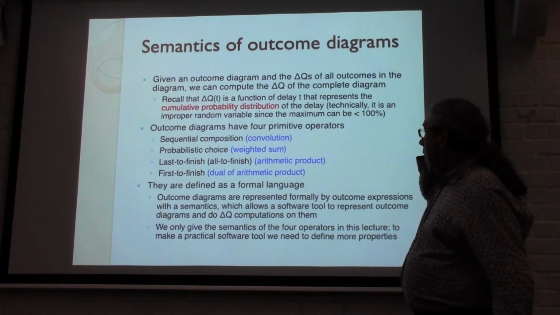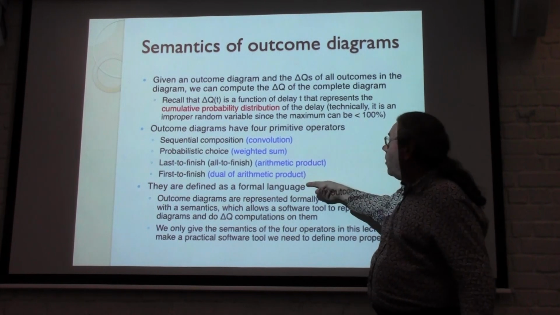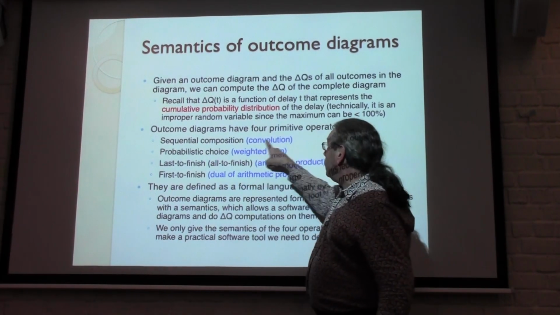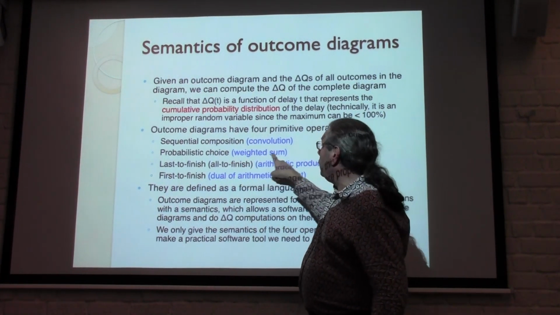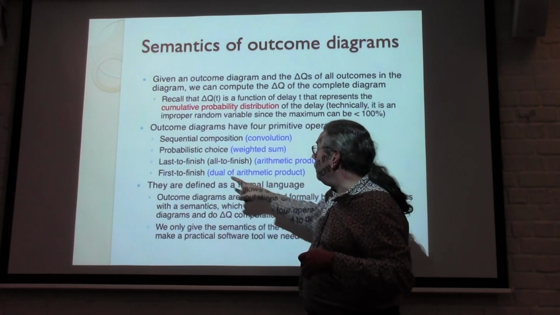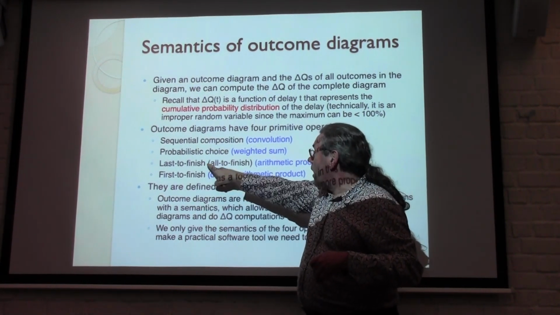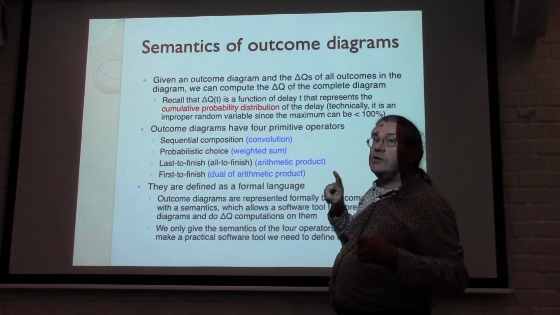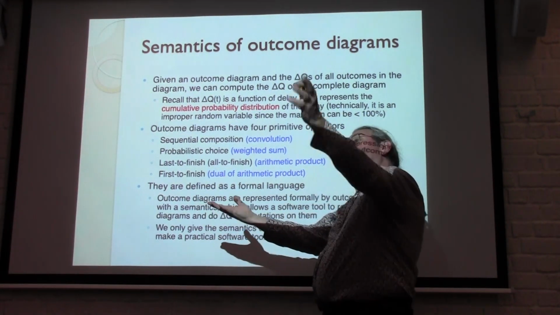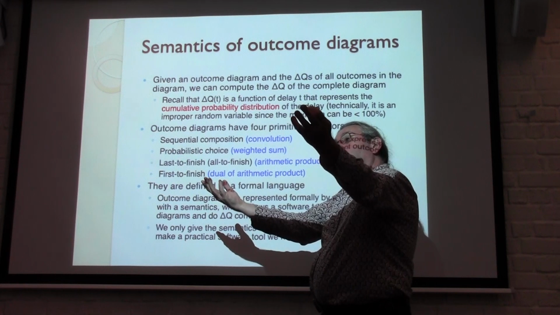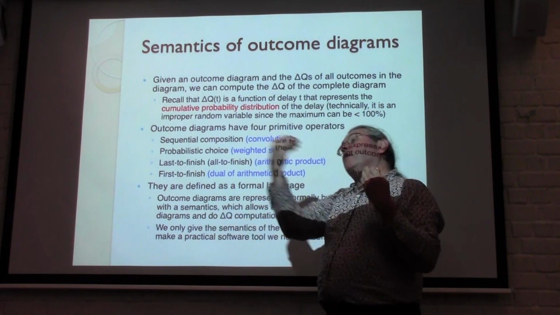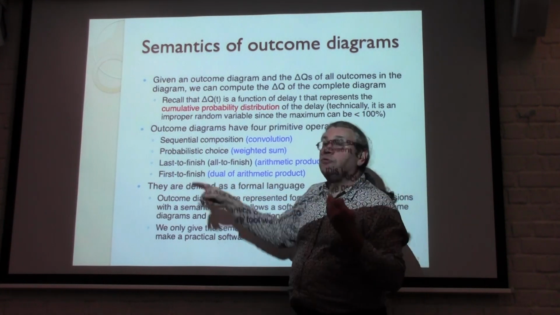And there are four primitive operations. We saw two already: sequential composition, and probabilistic choice, where it's one or the other, like in the cache. But then we have two more interesting ones: last to finish and first to finish. If you want to do a timeout, for example, I send a message, and whichever arrives first, the response or the timeout, that is an example of first to finish.